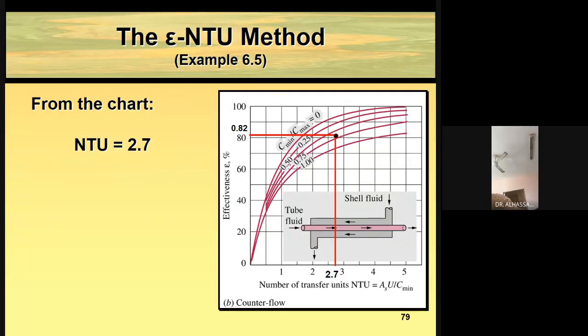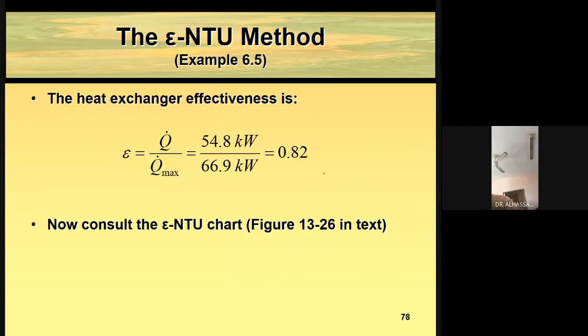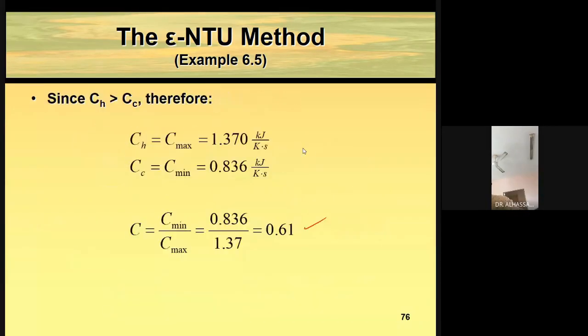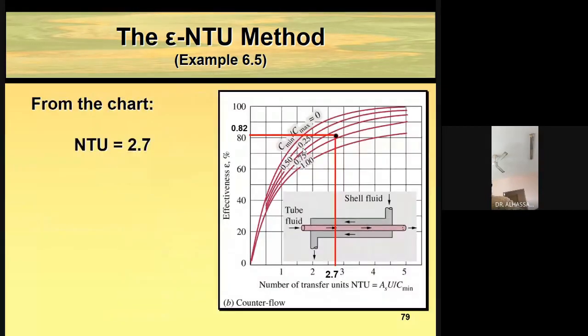So we know the effectiveness of the heat exchanger, 0.82, and then the capacity ratio also, which was 0.61. So with these two pieces of information, we know the capacity ratio and the effectiveness. So 0.61 will be somewhere here. You go directly and then move down. So our NTU is 2.7.